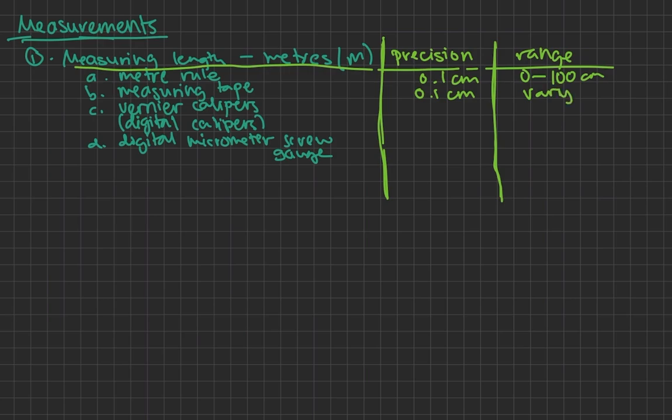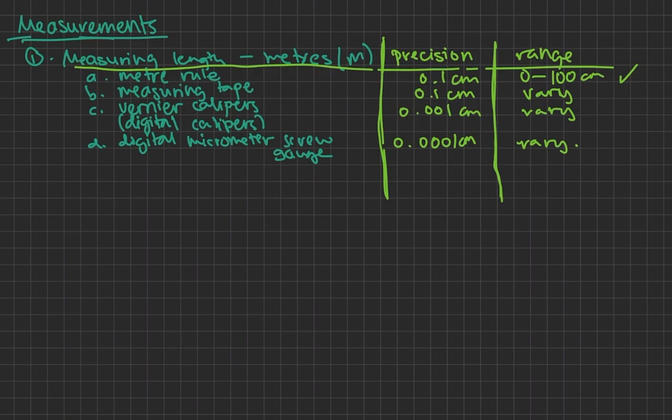For the digital calipers or the vernier calipers, the precision is 0.001 centimeter. The range could also vary. For the digital micrometer screw gauge, the precision is 0.0001 centimeter. Its range could also vary. So for range, you would only need to memorize the meter rule, while for the precision, you would need to know all the instruments.